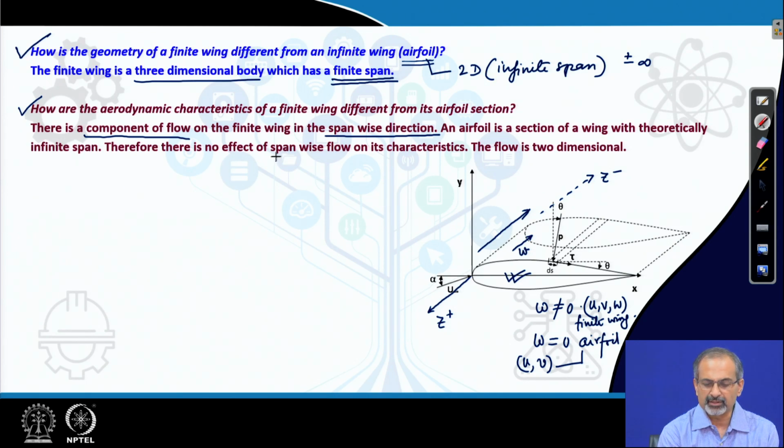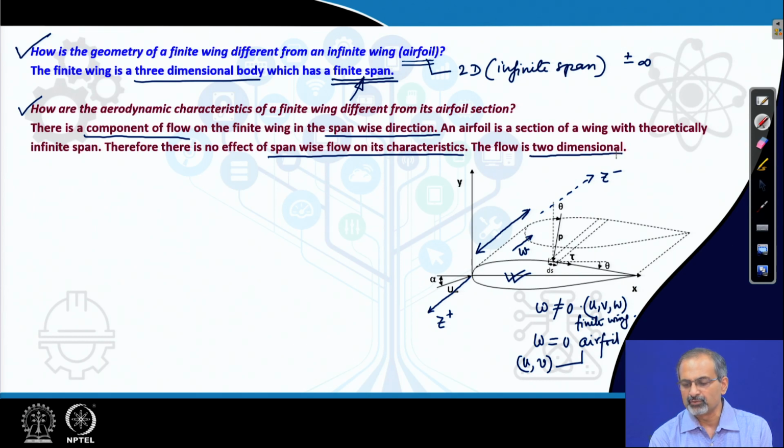Therefore, there is no effect of span-wise flow on its characteristics. When does the span-wise flow occur at all? When the body has finite ends, finite span. This is something that we have to set firmly in our minds. So, in an airfoil, consequently, because there is no span-wise flow, there is 2-dimensionality.